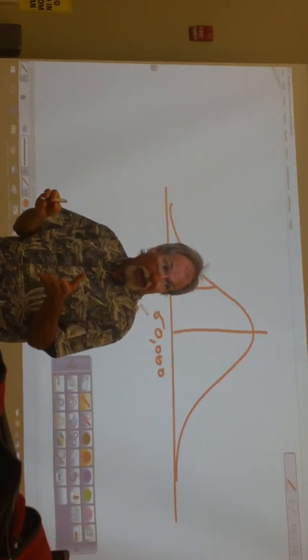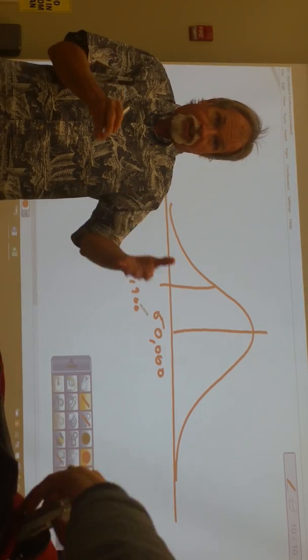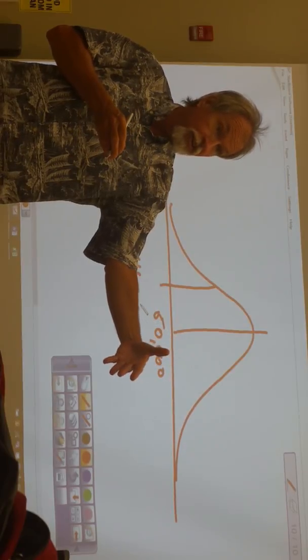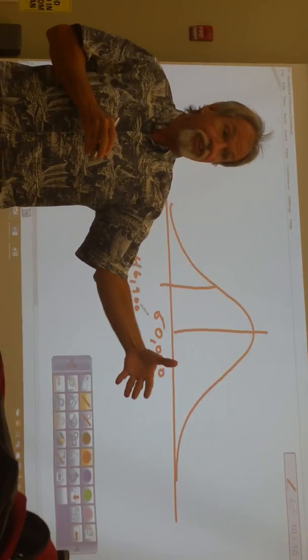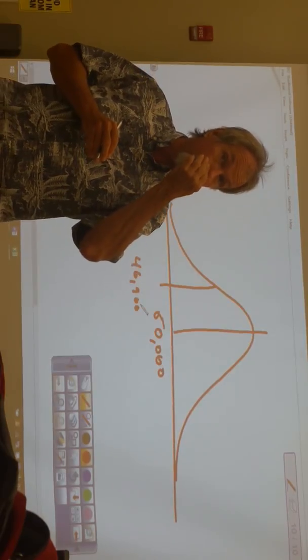Because if we take 31 samples and the mean is less than 50,000, that's false advertising, and companies can get sued for that.